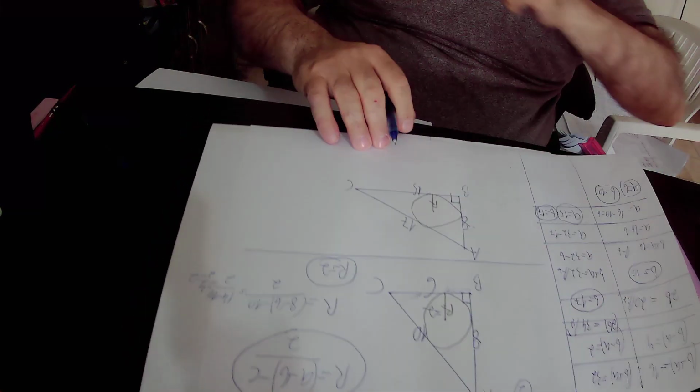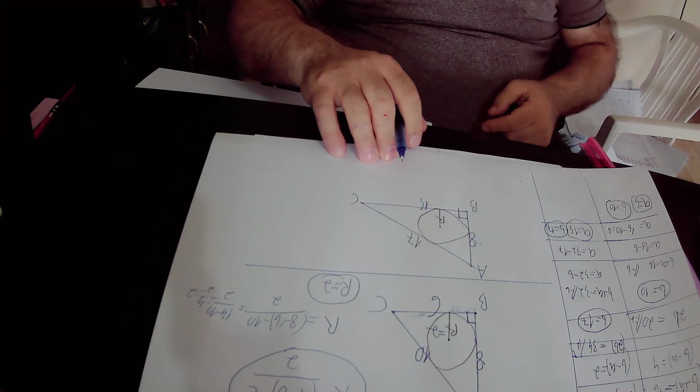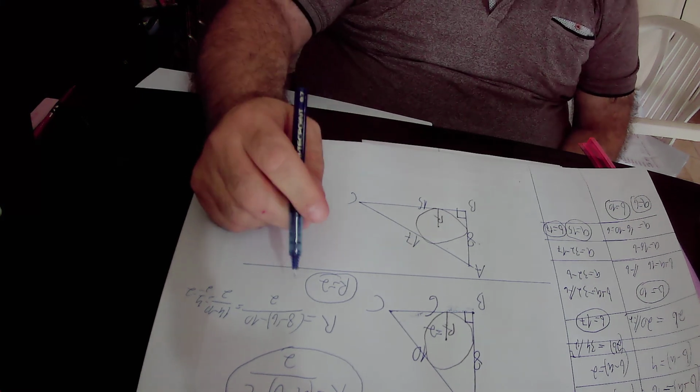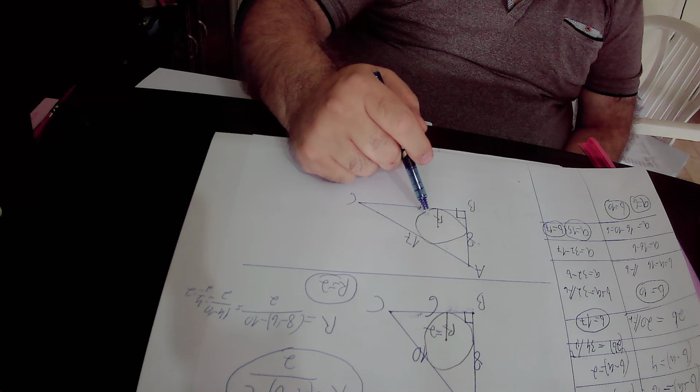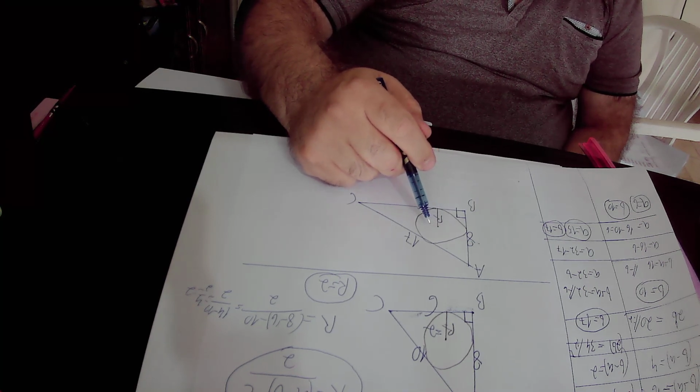And we also have the second right triangle, triangle ABC. We use the same formula to find the radius of the circle inscribed in this right triangle.